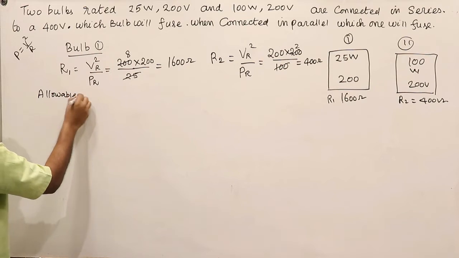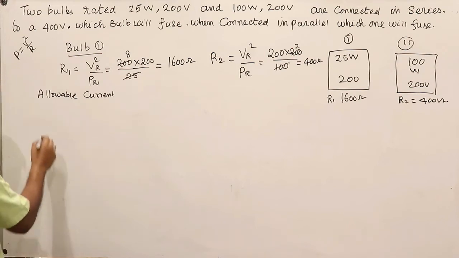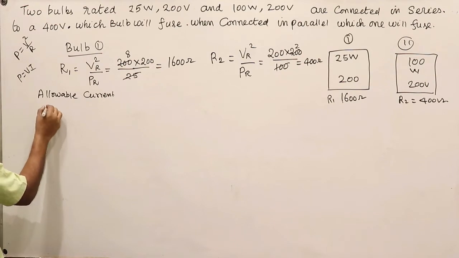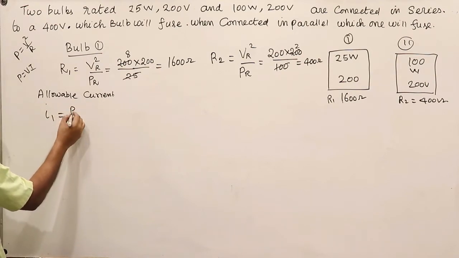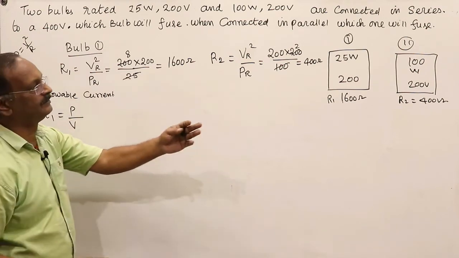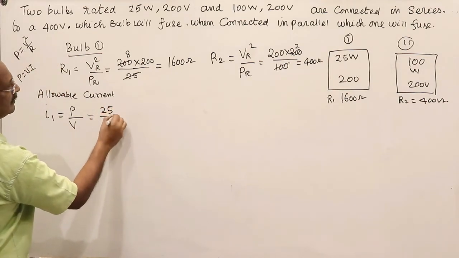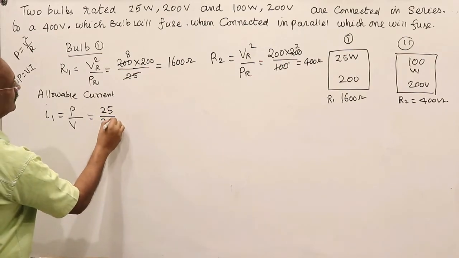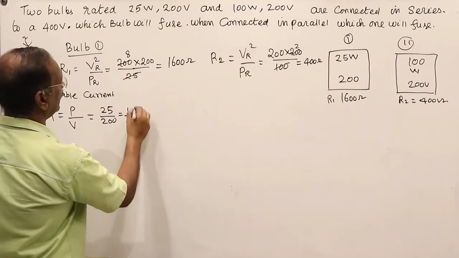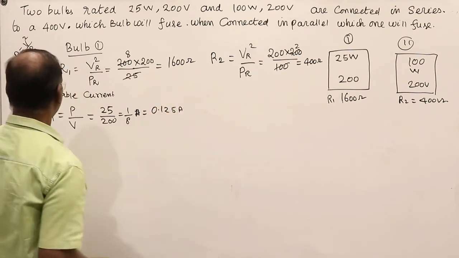What is allowable current? Since P is equal to V into I, I1 is equal to power of the first one divided by its rated voltage. Both voltages are the same, 200 volt. So I1 is equal to 25 watt divided by 200, which is 1 by 8 ampere, which can be written as 0.125 ampere.